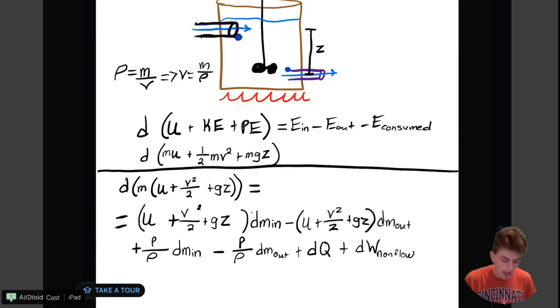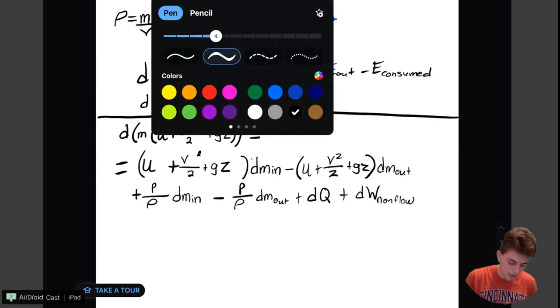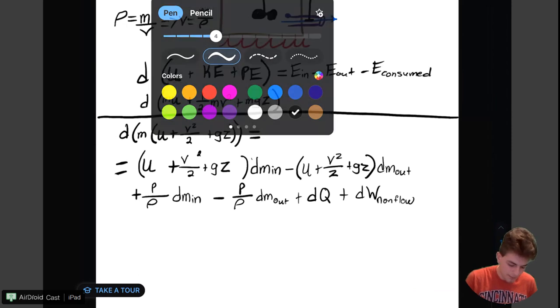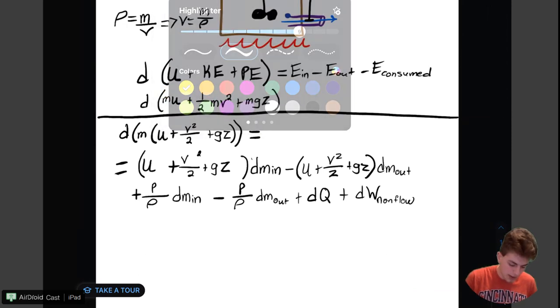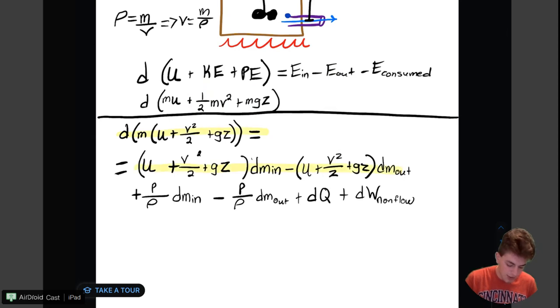This non-flow work is going to be things like stirring, things like shaking the container potentially, any work done on the system that isn't particularly relevant to or done by either of the two flow pipes. So now we have derived here, and I'll highlight it in yellow, one energy balance. And this is the general energy balance for any flow system.